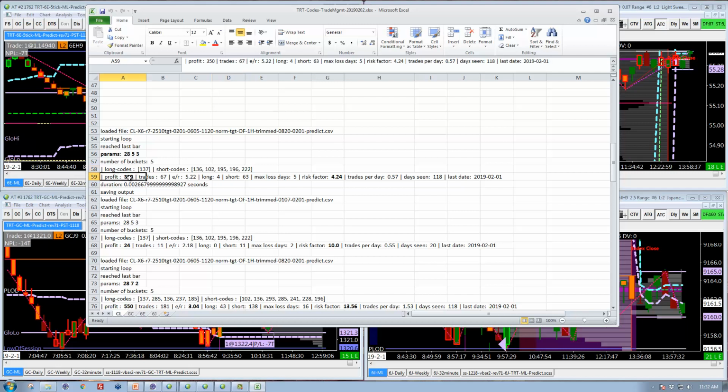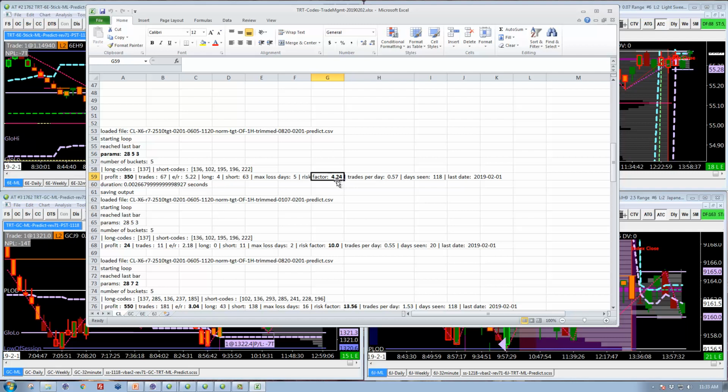And that gives you a number. This number is 350. That's ticks, and it gives you a couple of other numbers that are important. One is the overall trade quality, which is E/R, efficiency ratio, 5.22 in this case, as well as the risk factor. So 4.24 is extremely low.